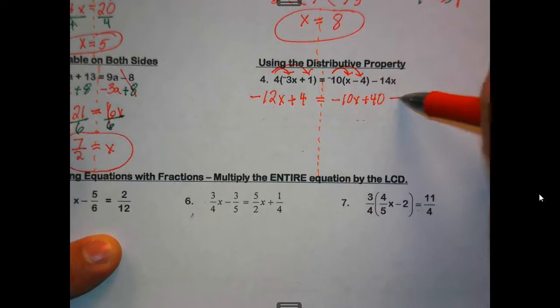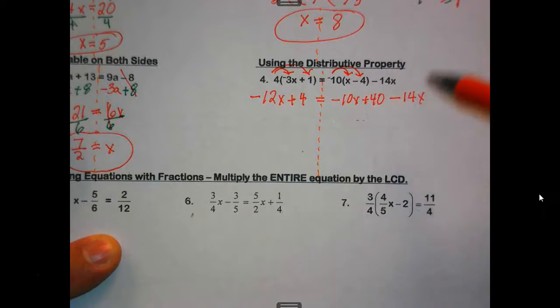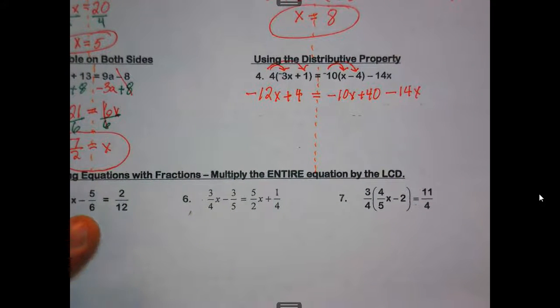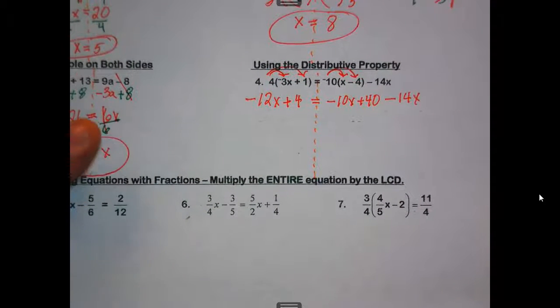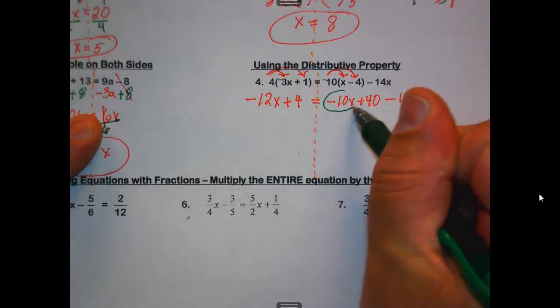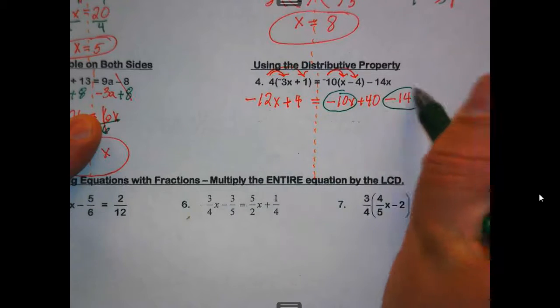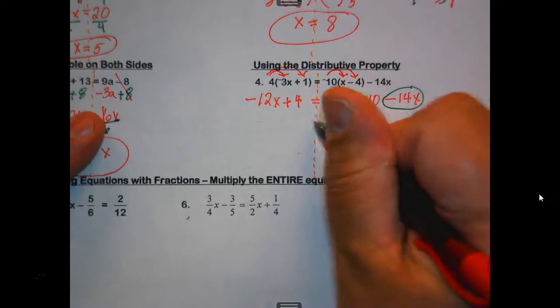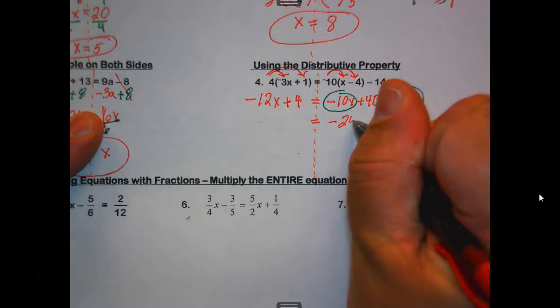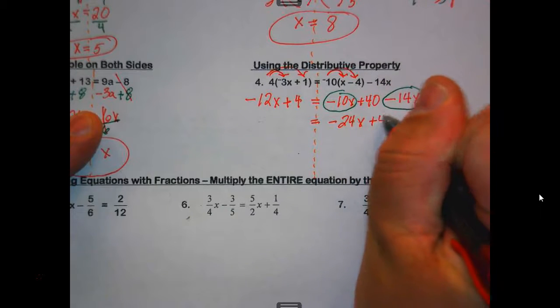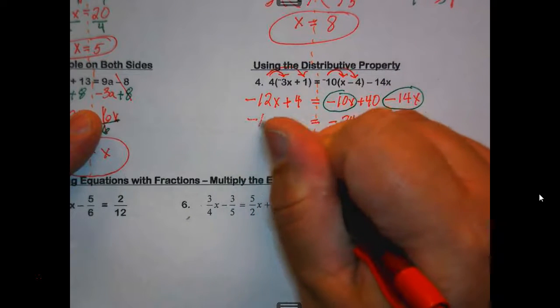And then bring down the minus 14x. I have terms to combine on the same side of the equal sign. Negative 10x and negative 14x. Bring down everything else.